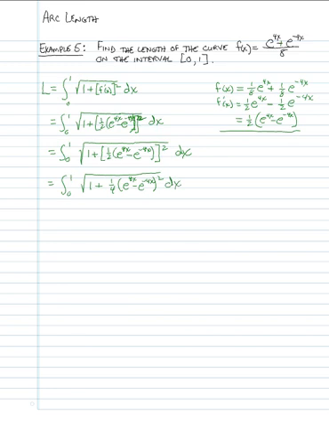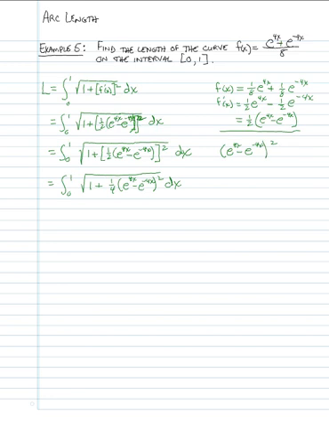Okay, well, let's come over here to the side. Let's come right over here and square that e to the 4x minus e to the negative 4x. Let's do that squaring.